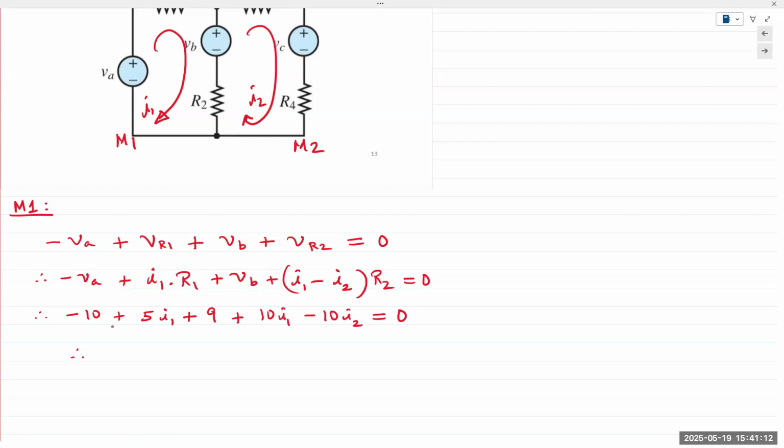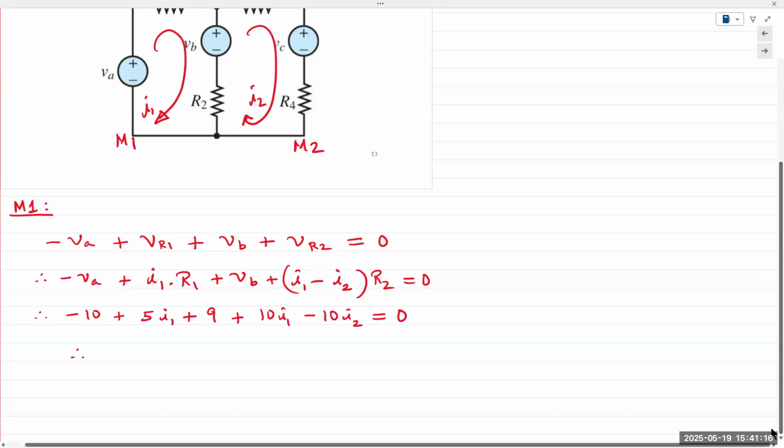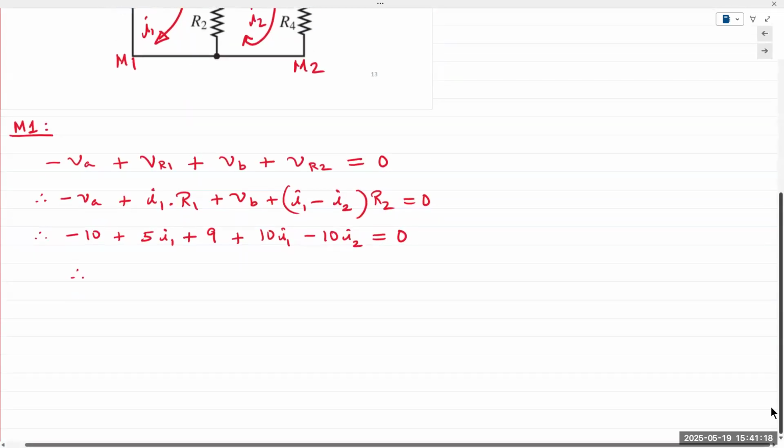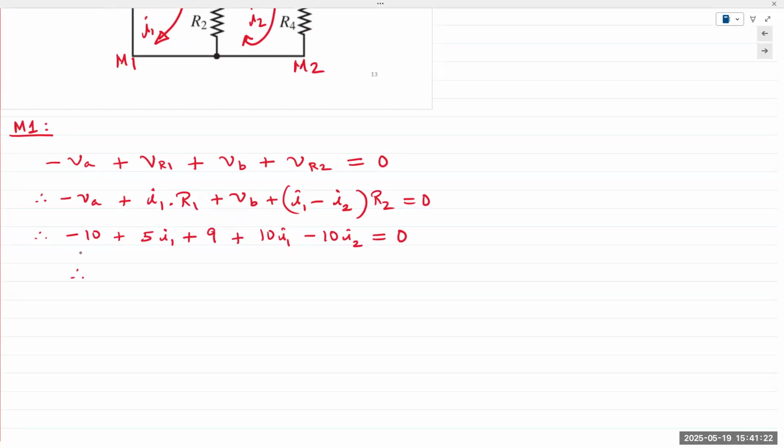Rearrange all the terms. And I can obtain, this is -1, take it on the other side, I get +1. So 15 I1 minus 10 I2 is 1.